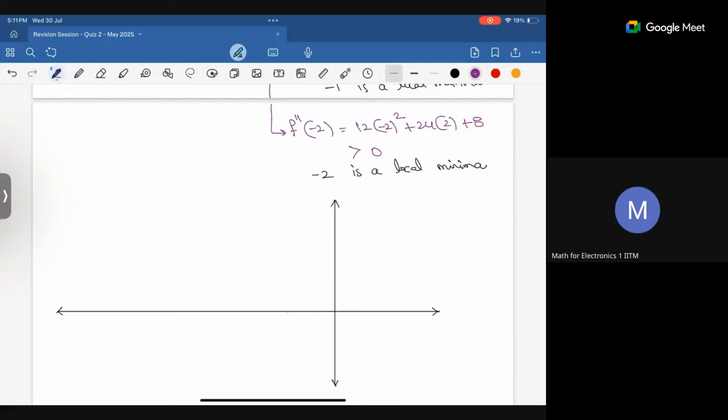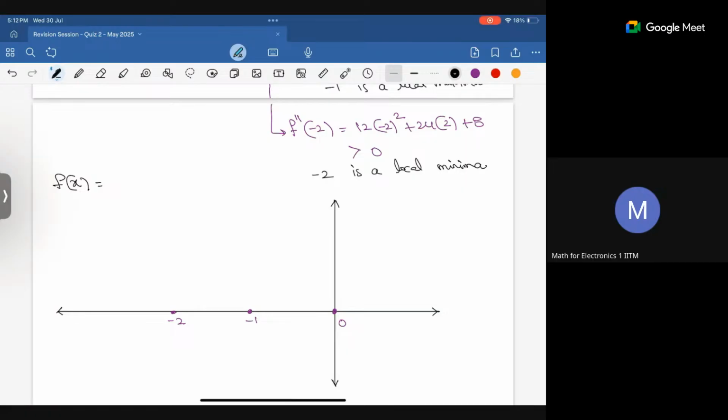The special points are at 0, -1, and at -2. The expression I have is f of x, so I'm roughly plotting f of x after computing this local maxima and local minima.